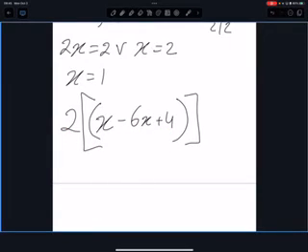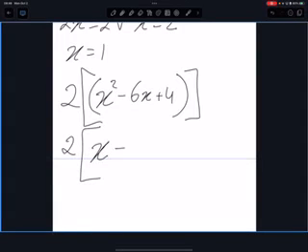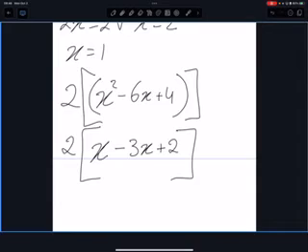You need to divide everything by 2 inside. Why do I divide it? Because I still have to multiply with 2. So obviously I will divide everything inside the brackets by 2 first. And now I can complete the square.